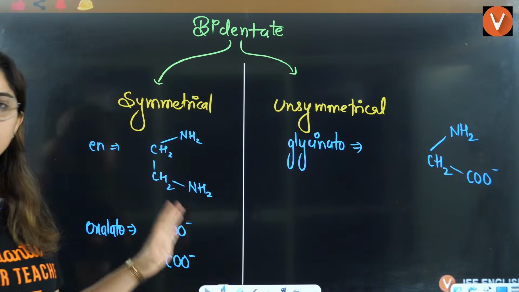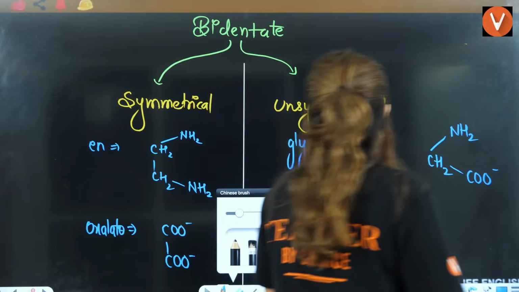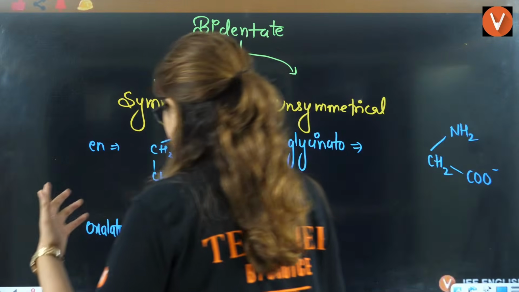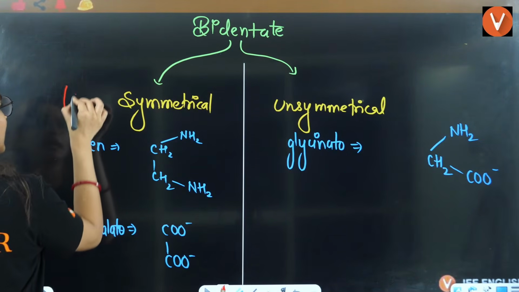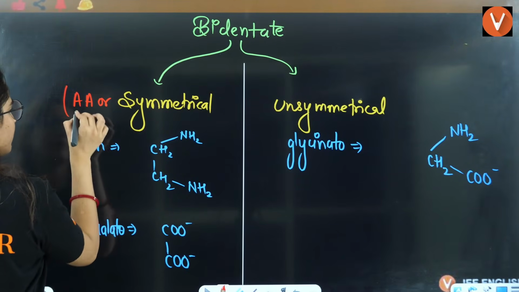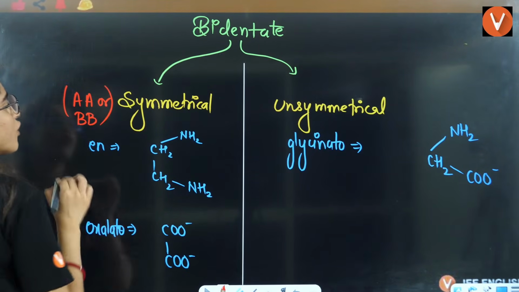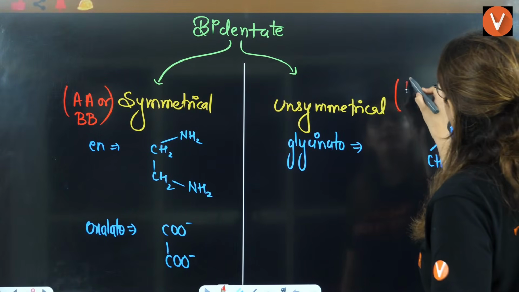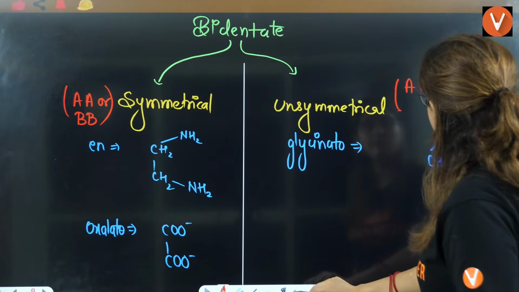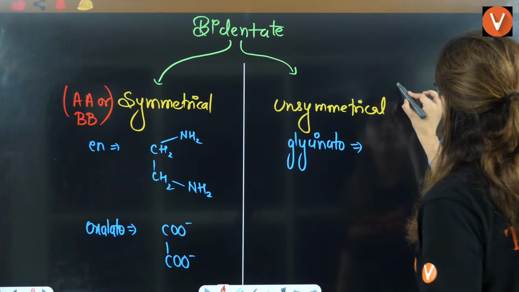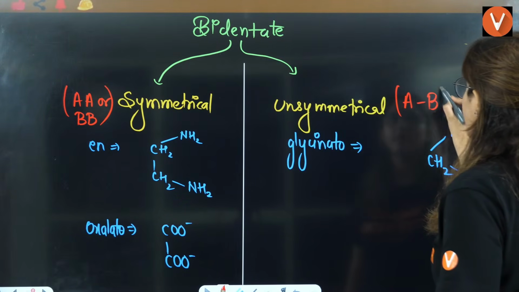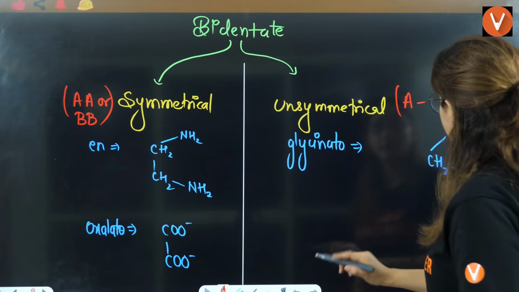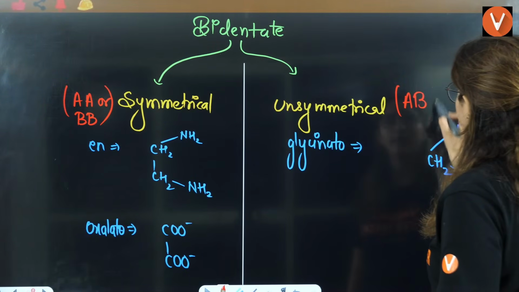So what we do is we represent symmetrical ligands with AA or BB, and we represent the unsymmetrical ligands with AB.